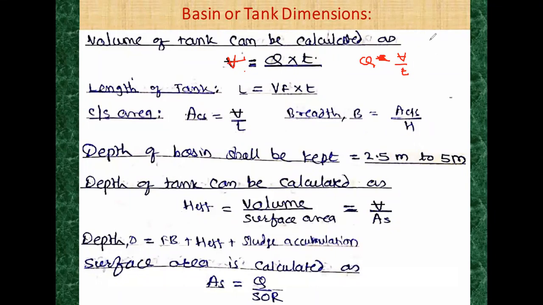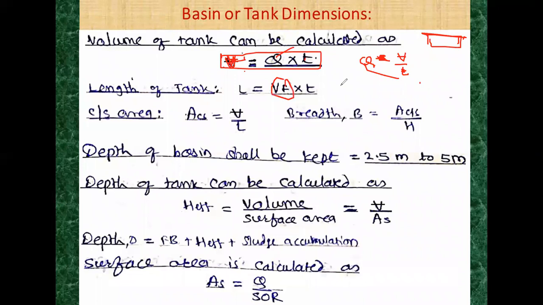We took the volume of the collecting tank in our lab and divided it by time to get Q actual. The same formula is here. If we take time to the LHS, we get this formula. If we multiply the discharge by time, we find the volume of that particular tank.